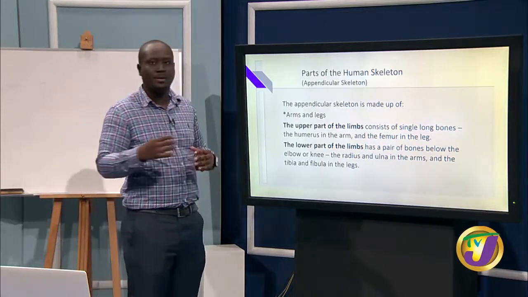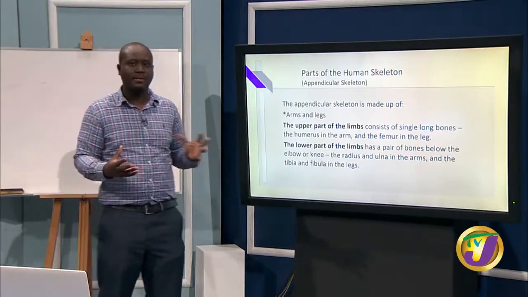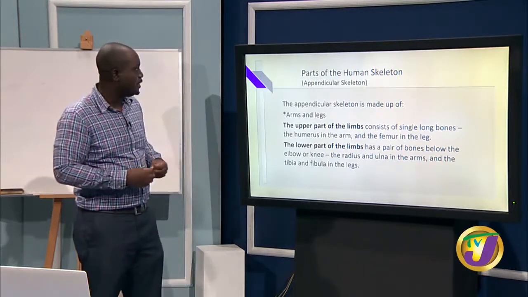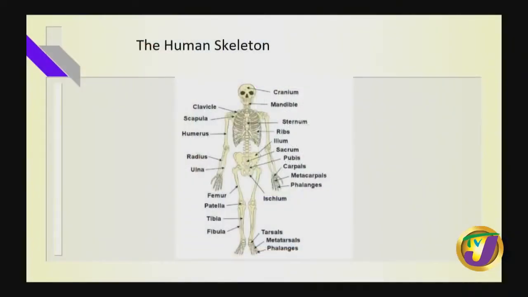Going back to the diagram, that's why I said you need a diagram of the human skeleton. Right? So you need to know the different parts of the legs, the different parts of the arms, different muscles. So you have the phalanges, which are the tips, and you have the carpals, your hands. You have the ulna and the radius. All these are the lower arms.